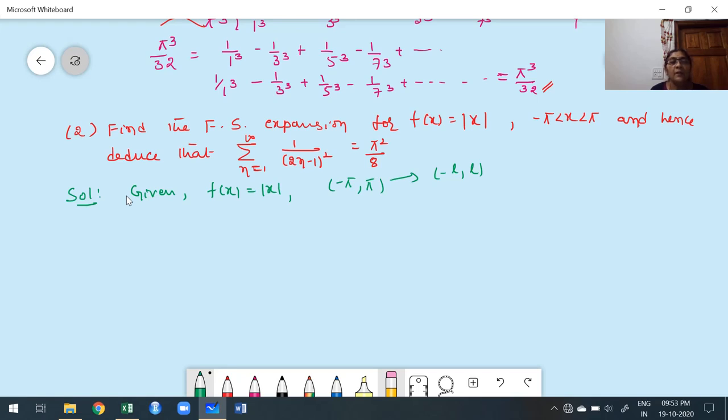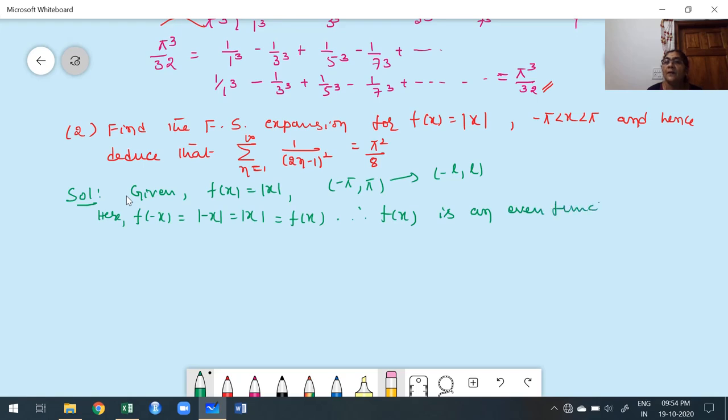Once you take the even or odd definition, first try to verify the given function. Here f of minus x equals modulus of minus x. What is modulus of minus x? It is mod x. We get f of x. After you replace minus x, we get the same function. Therefore, f of x is an even function.